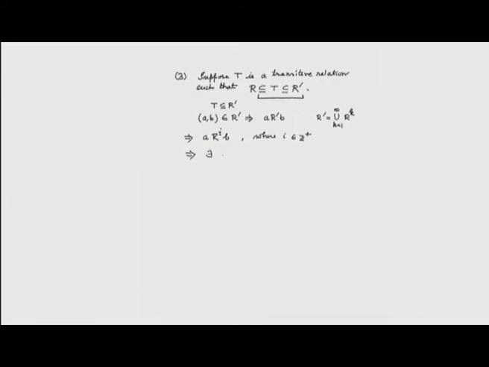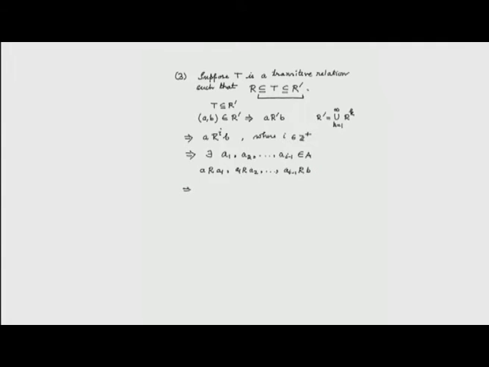So, this implies that there exist A1, A2, and so on up to A(i-1), all belonging to A, such that A R A1, A1 R A2, we proceed like this, and then at the end we have A(i-1) R B.